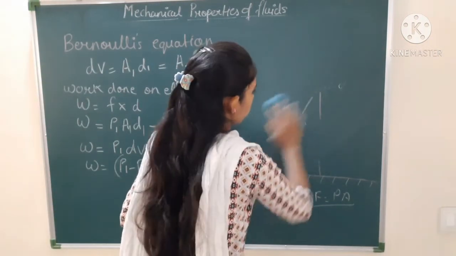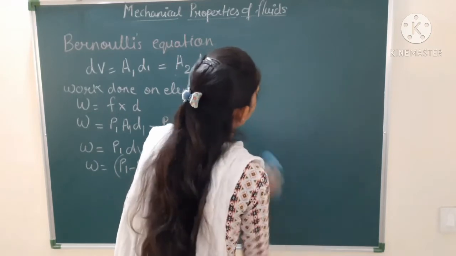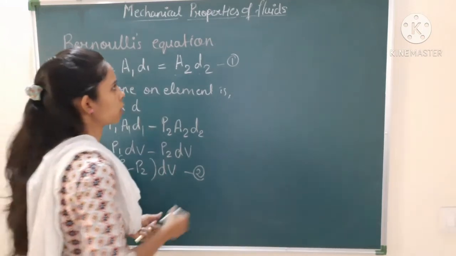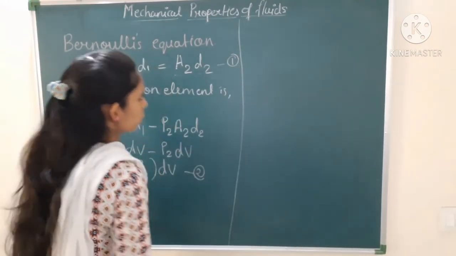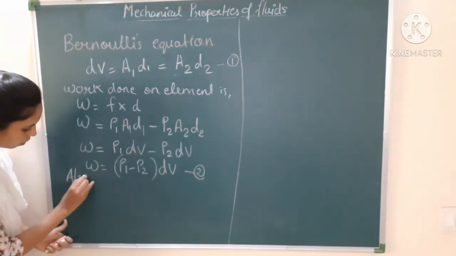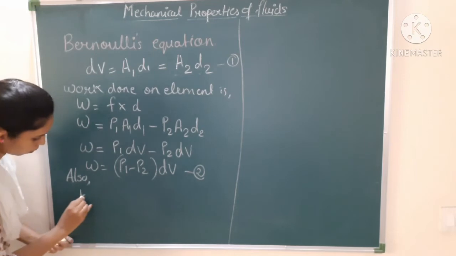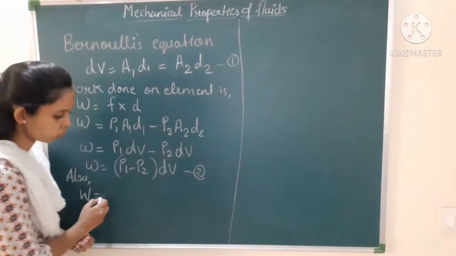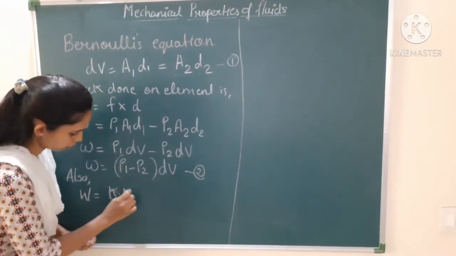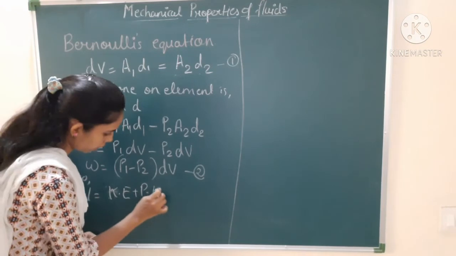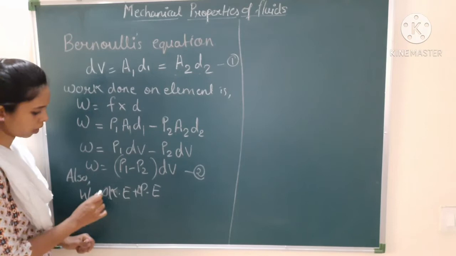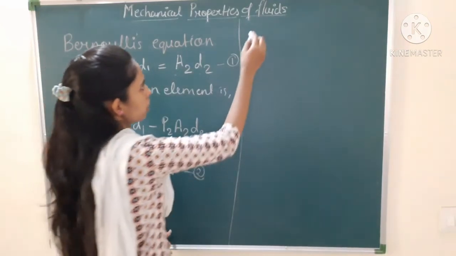Now we are going to find out the kinetic energy and potential energy, or you can say the gravitational potential energy. As the height goes on increasing, gravity is also going to act. So let us see the work done. Also, the work done is equal to the change in kinetic energy plus potential energy. First thing we have to find out is the kinetic energy.